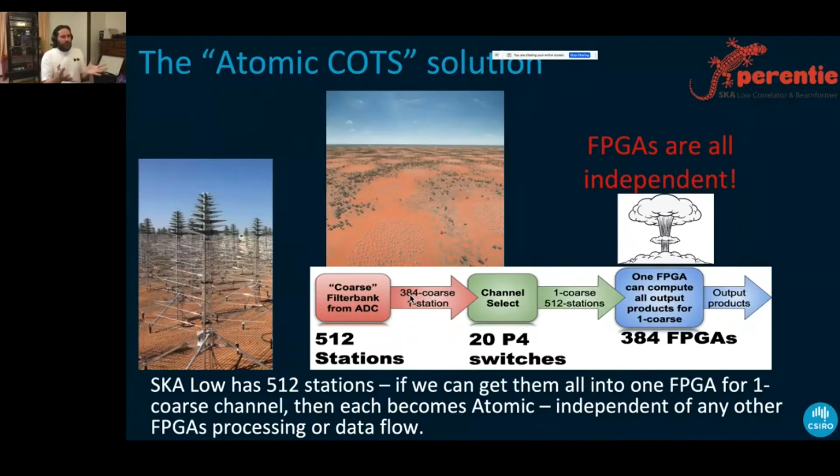Then the P4 switch in the middle will select the good coarse channels and send them to the appropriate FPGAs that will receive all the coarse channels from all the stations and will be able to produce all the output products for one coarse channel. Then they become atomic and independent of any others.